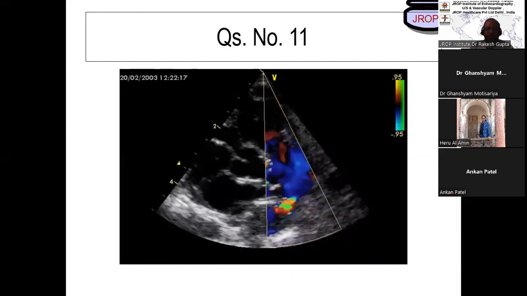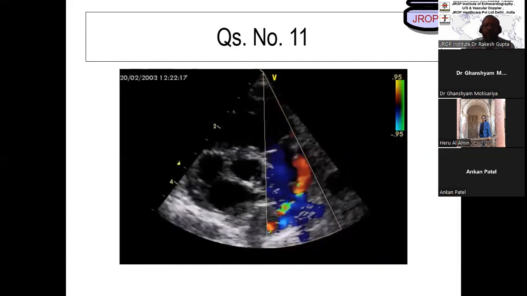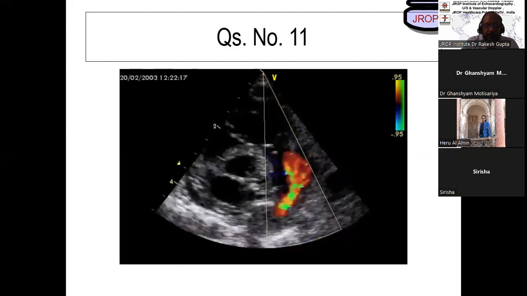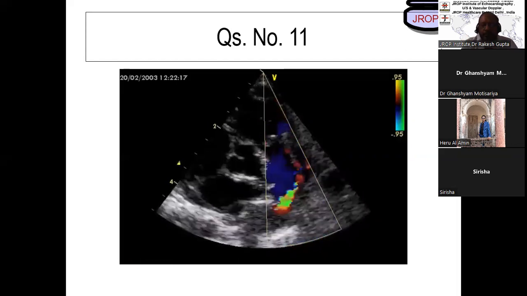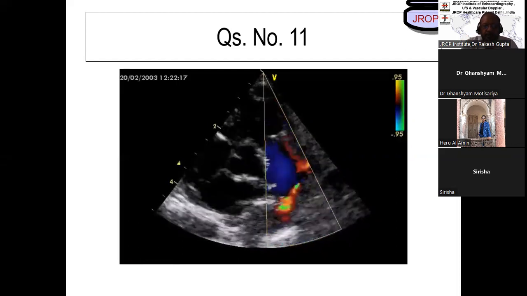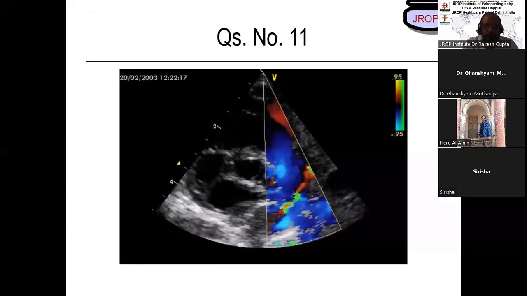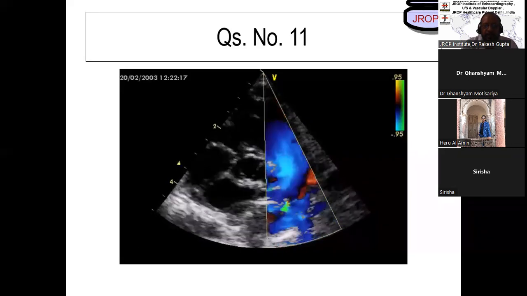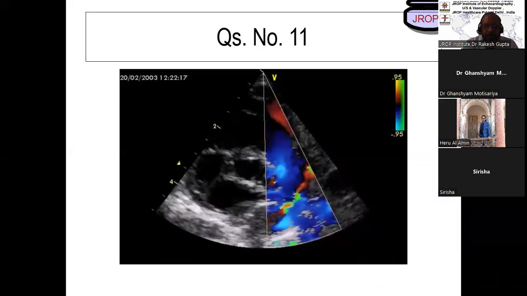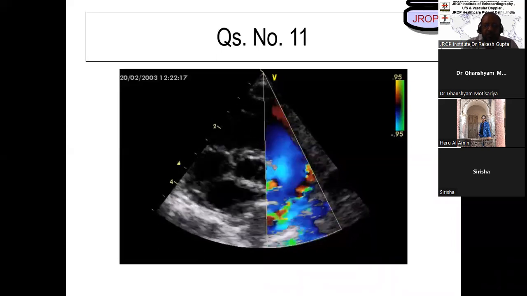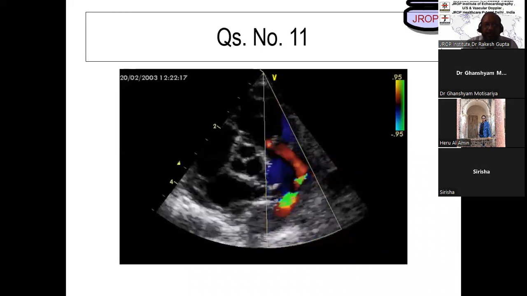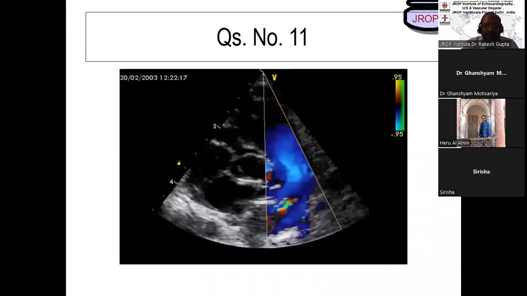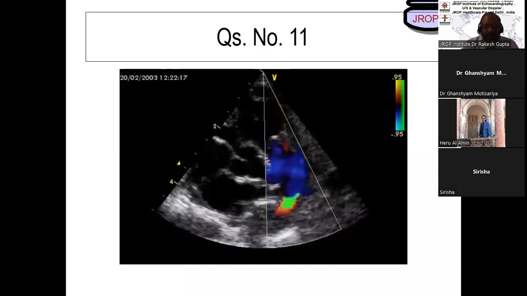Nobody is going to help Sirisha this time. Sir, parasternal short axis view at the level of aorta, there is turbulence more near the right pulmonary artery, sir.